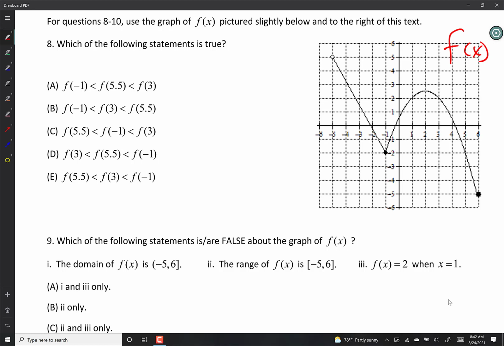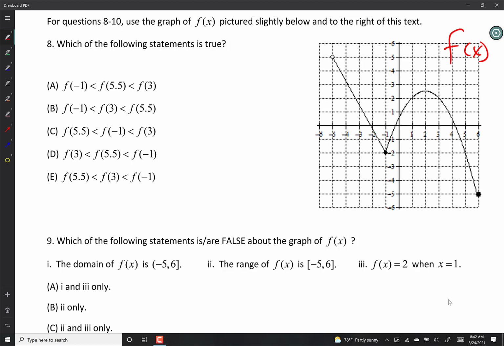Are they arranged smallest to biggest, or biggest to smallest? What does this mean? f of negative 1 less than f of 5 less than f of 3. Yeah, thank you. So I want smallest to biggest.